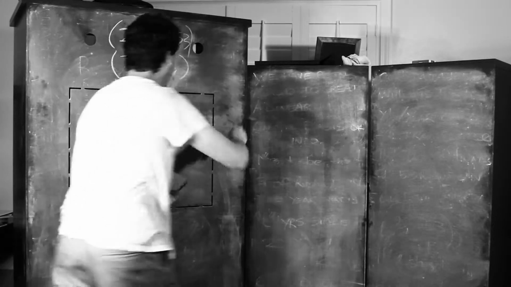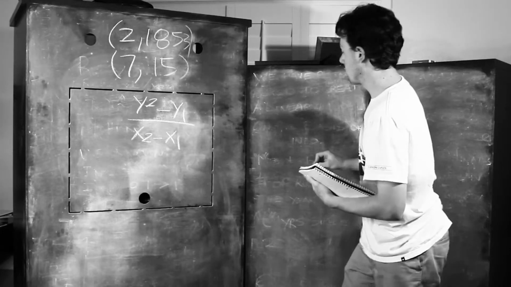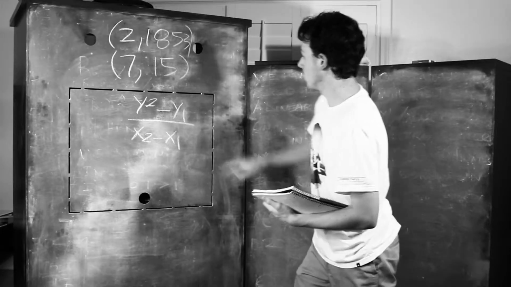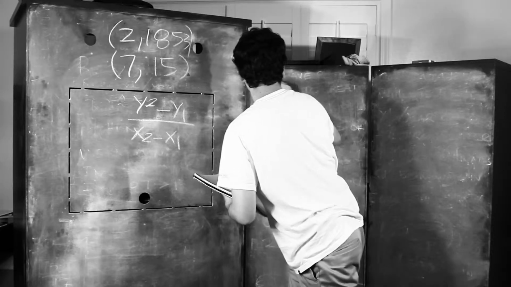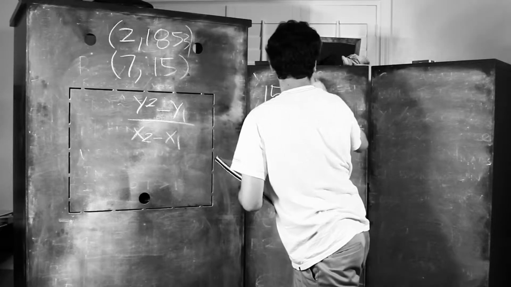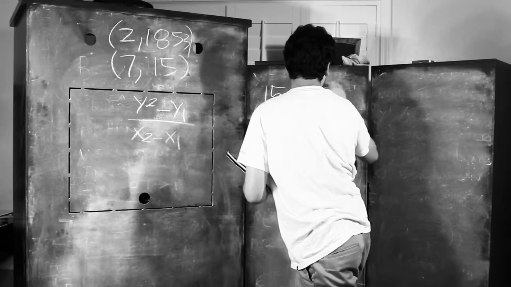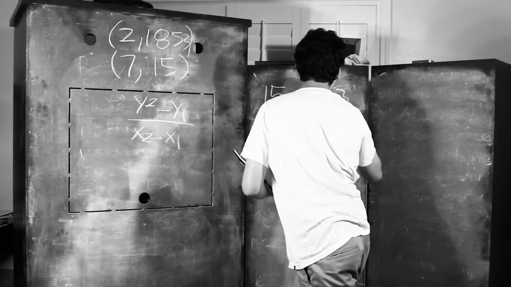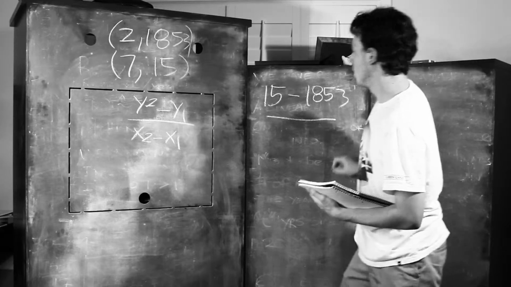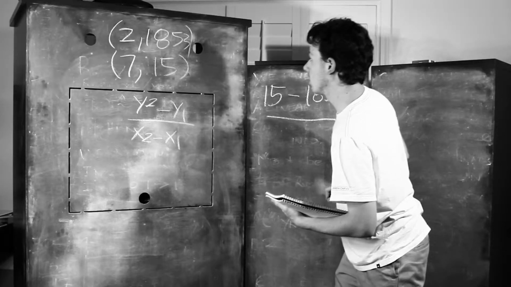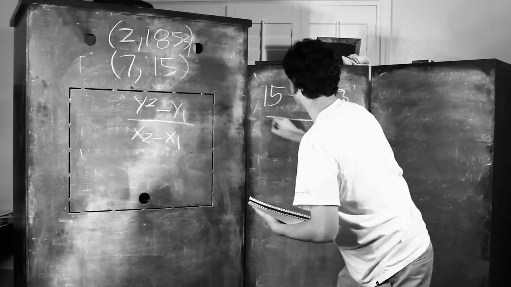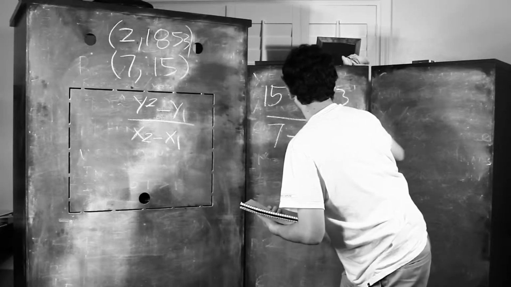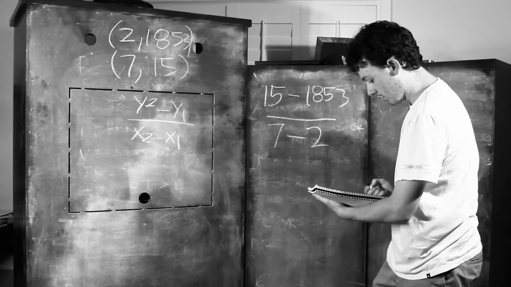And we continue over here. So y2 is this one, y1 would be this one, so we'll do 15 minus 1853. And then 7 is the second x and 2 is the first x, so 7 minus 2. What does that become?